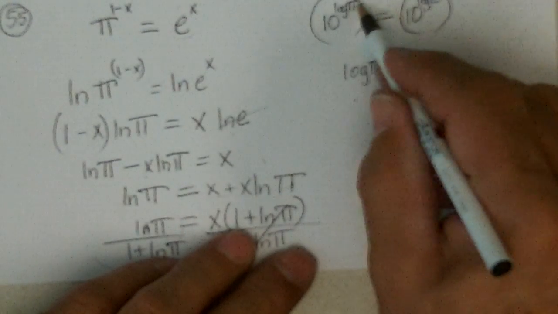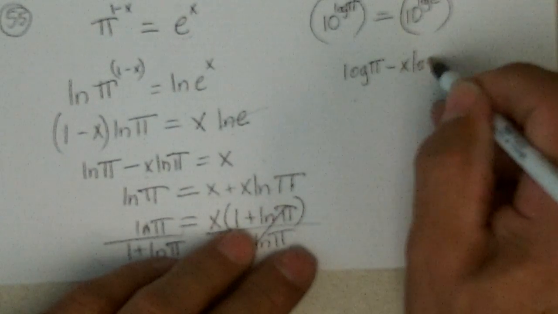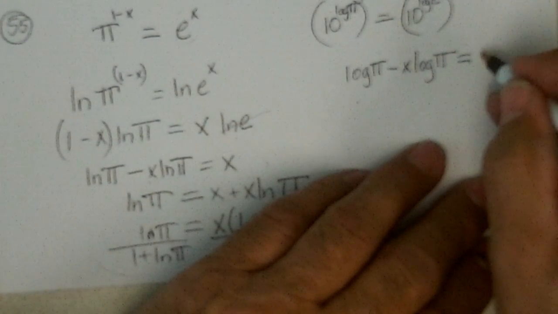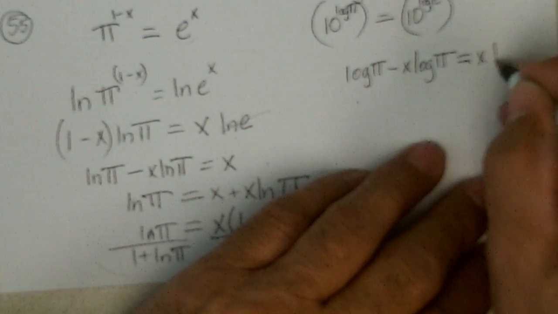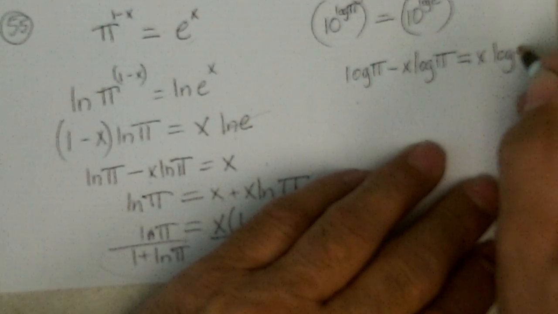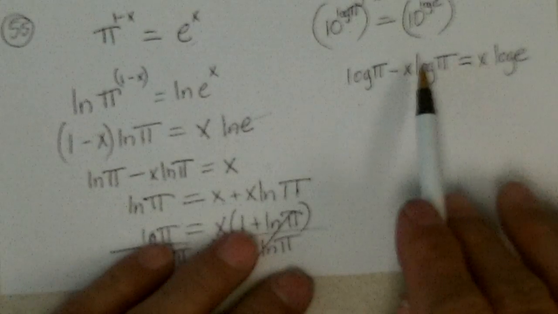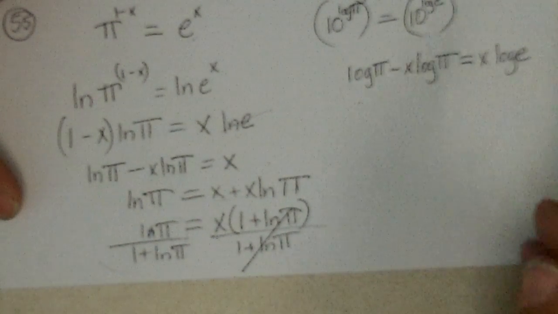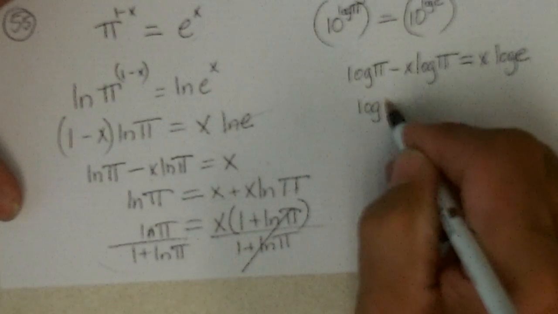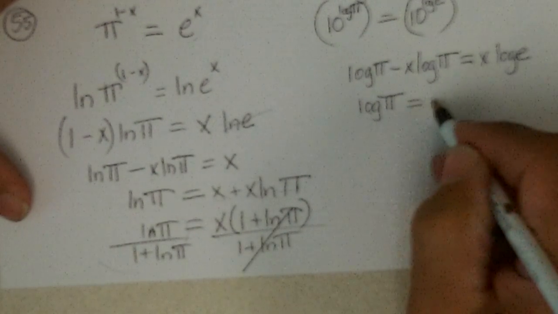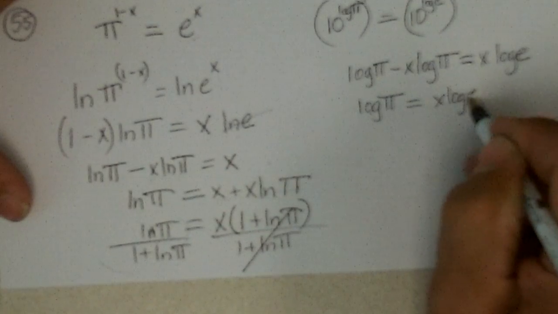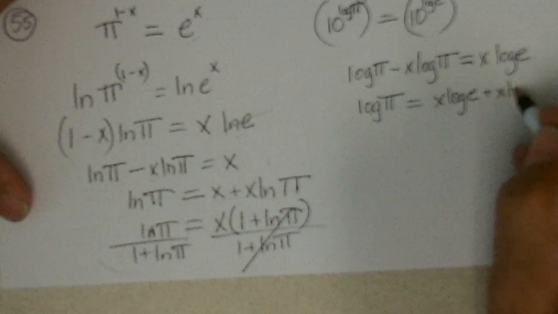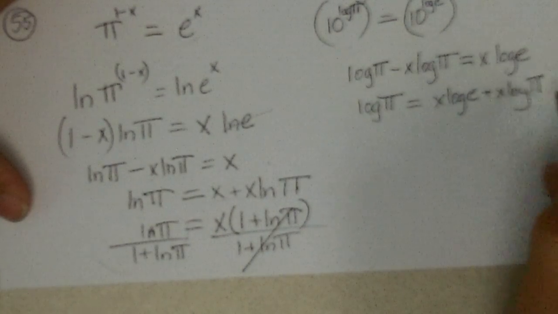minus log of pi times x, and over here I get x log of e. So I need to get the logs on the same side, and so I'll add this to this side, so I'll have log of pi equals x log e plus x log pi.